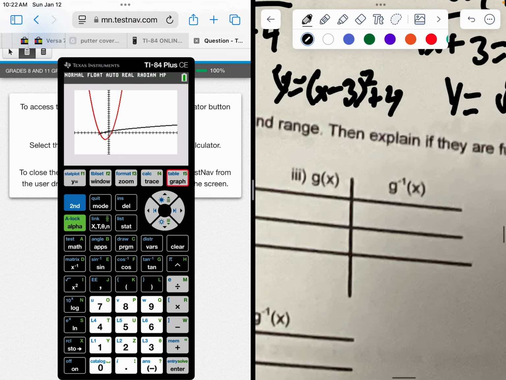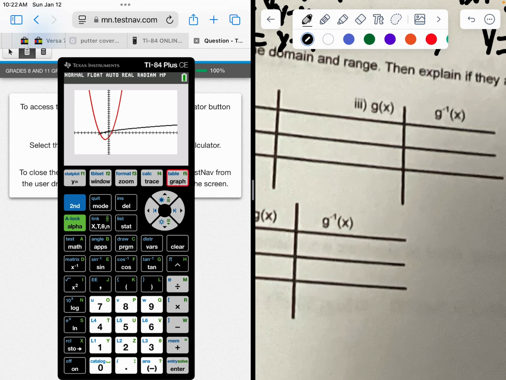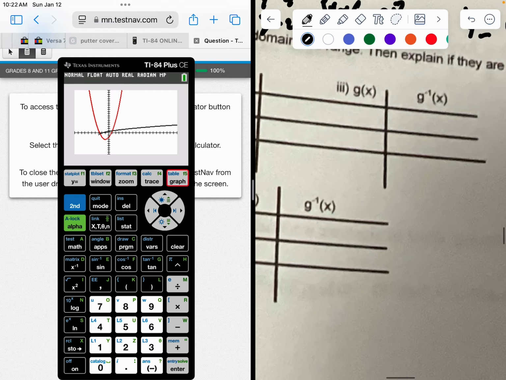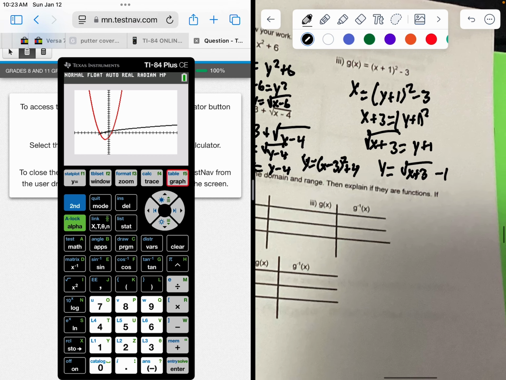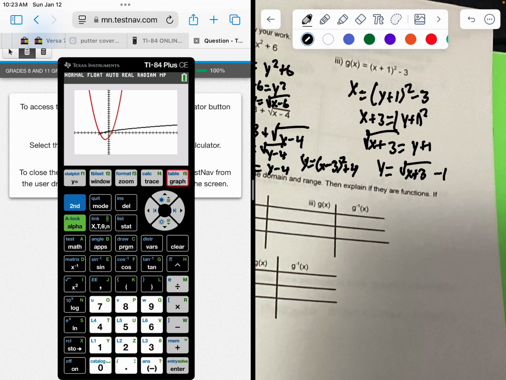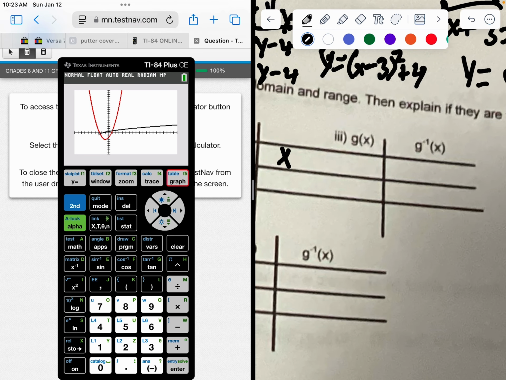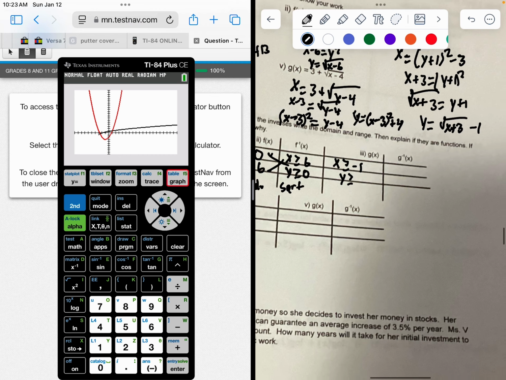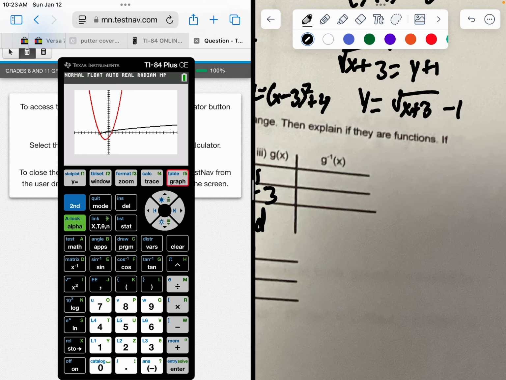Red is g of x. x must be greater or equal to, again, the right half of the equation, which is x must be greater or equal to -1. y must be greater or equal to -3. Type: quadratic.